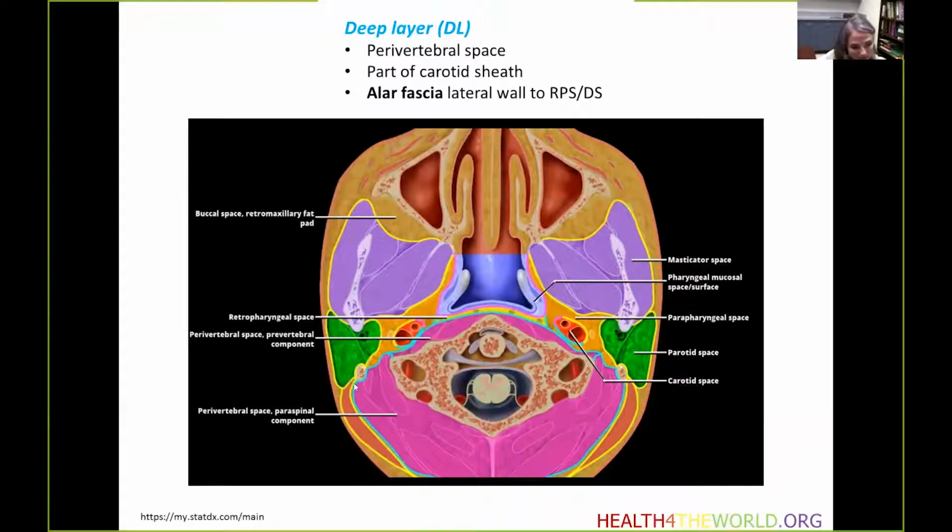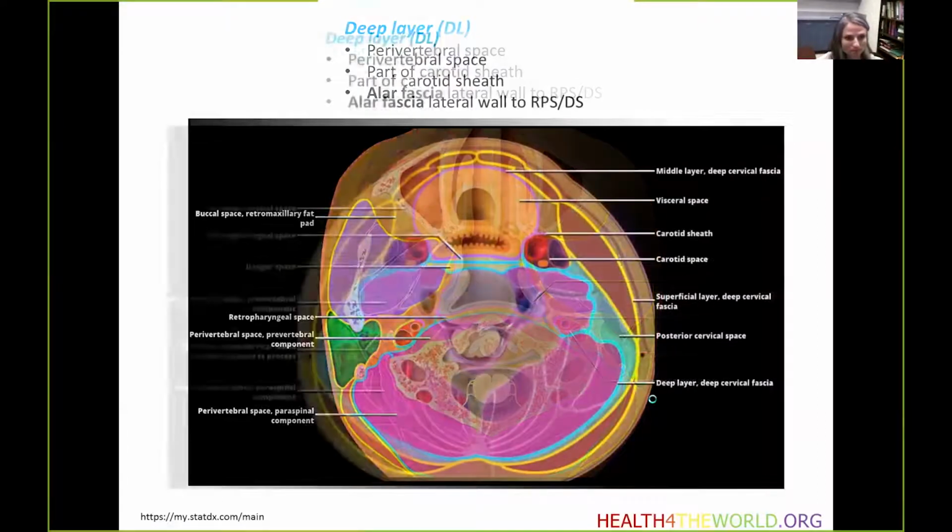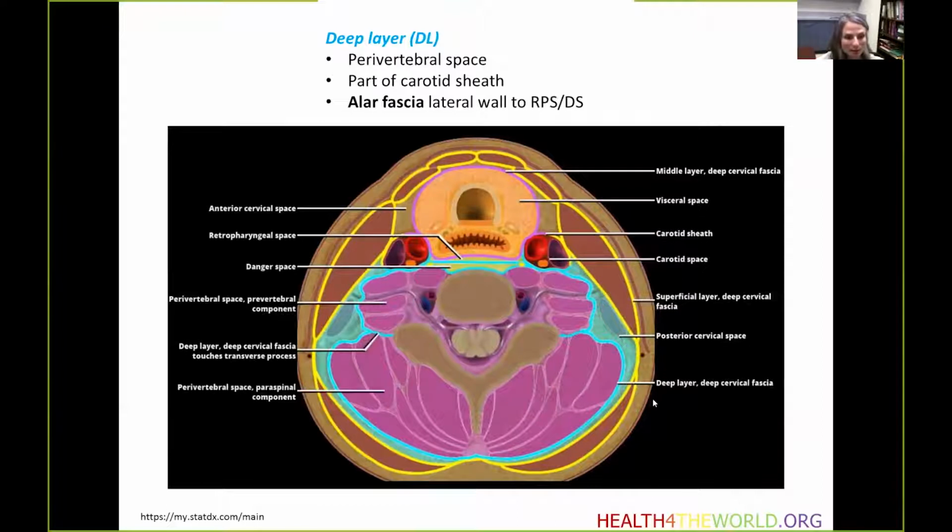It is in a blue color, and you can see it outlines the perivertebral space, the medial aspect of the carotid sheath, and also the alar fascia, alar and retropharyngeal/danger space fascia. Lower down, you can see that it also outlines the perivertebral space.